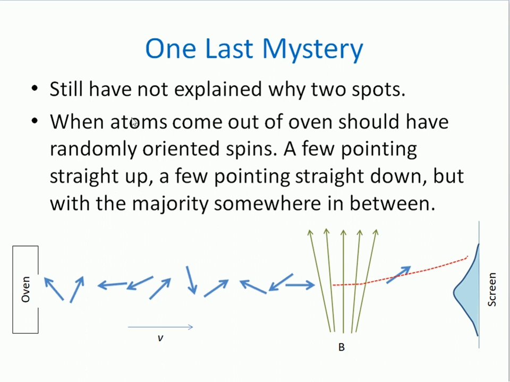A few should point straight up, maybe a few pointing straight down, but the vast majority will have their mu's pointing at smaller angles. And so when they go through the field, what we should see is a distribution. A few of the spin ups up here, some of the spin downs down here, but the spins in between are the vast bulk of them. So you get some sort of bell curve or Gaussian distribution on your screen. So what's going on?